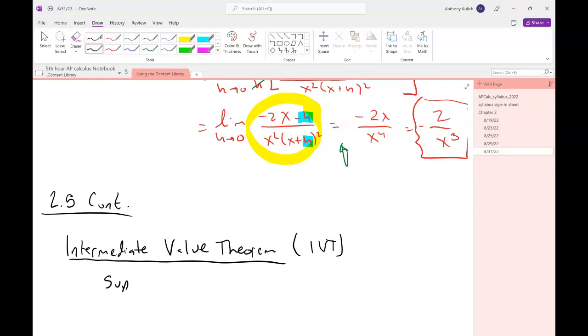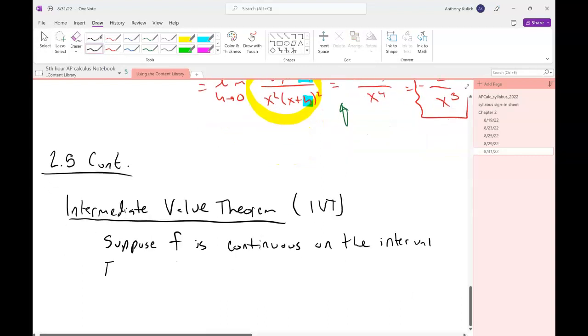It says that suppose f is continuous on the closed interval from a to b. When I say closed interval, I mean the one with the brackets on the end.